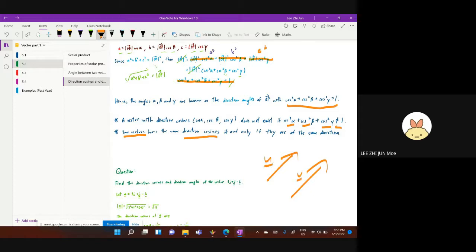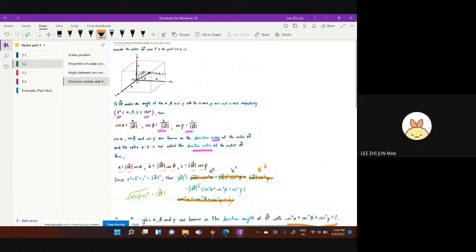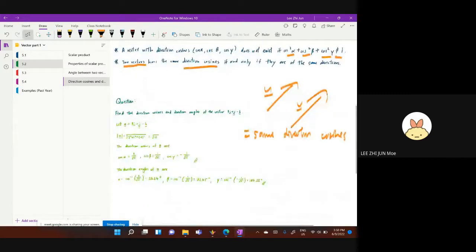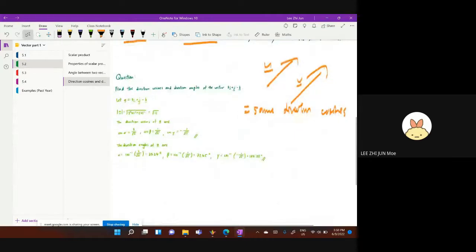As they have the same direction, they also have the same direction cosines. It's quite complicated, right? But the calculation is quite simple, just the theory is very complicated. So we go to the question.